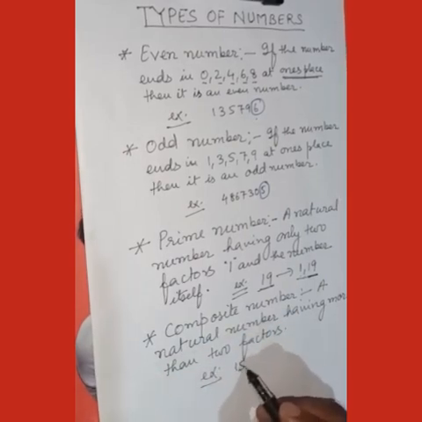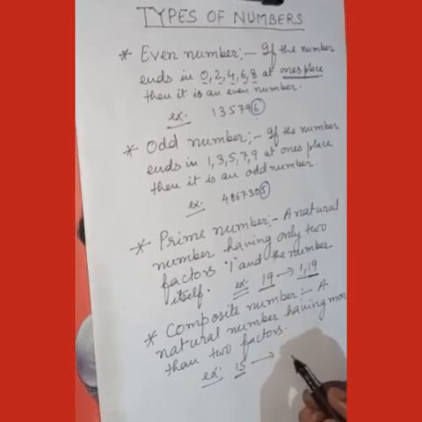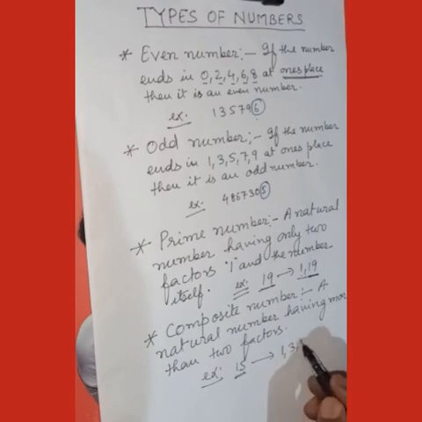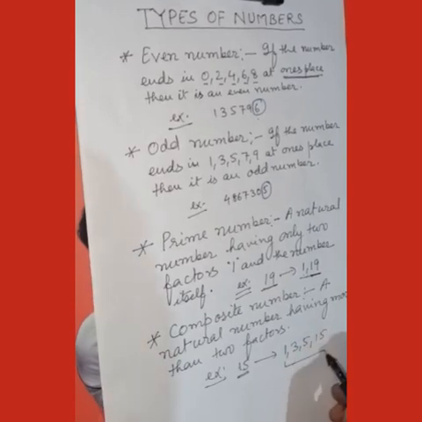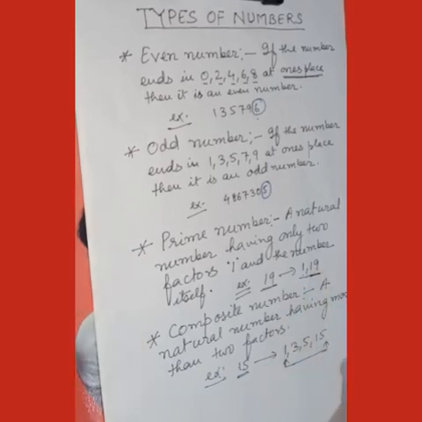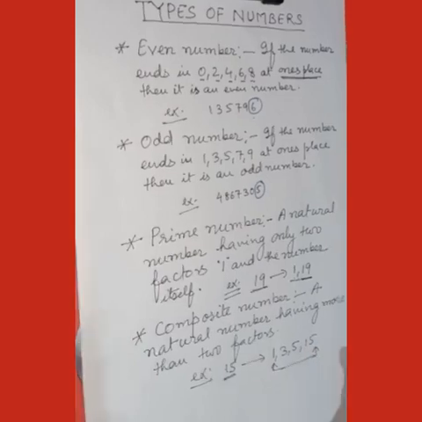Now see, for example, 15. I have taken the number 15. Now see how many factors 15 having: 1, 3, 5 and 15. Here what we see? More than 2 factors, so we can say 15 is a composite number.